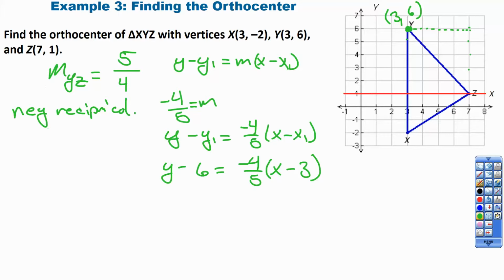All right, guys, I made a mistake here. I said that we needed the perpendicular line to this going through this point, and we can't do that. What I wanted to know, if I have this line and it extends this way, and it keeps going this way, at some point this is going to make contact here. And I need the perpendicular line to this that is passing through this.